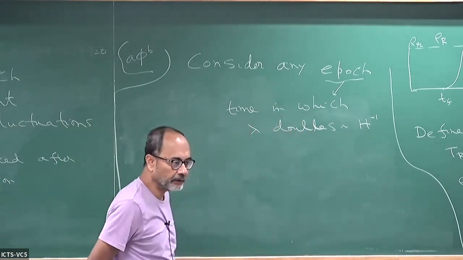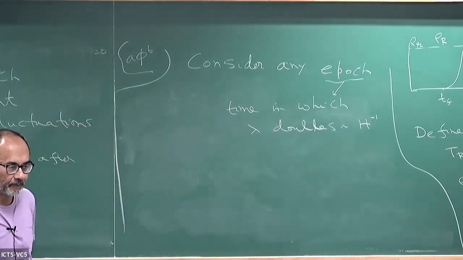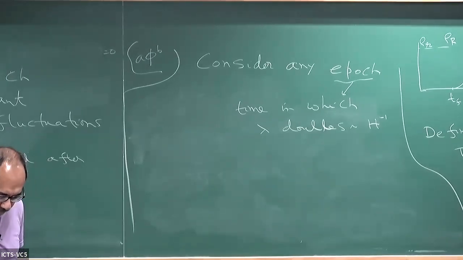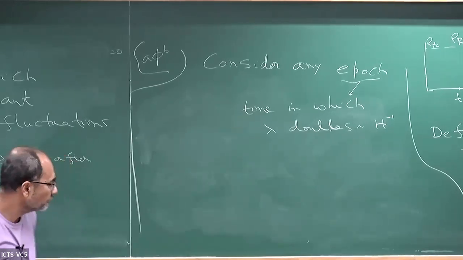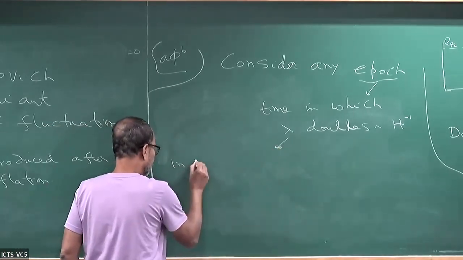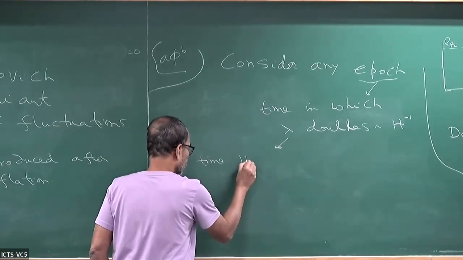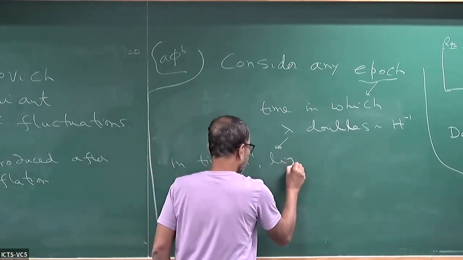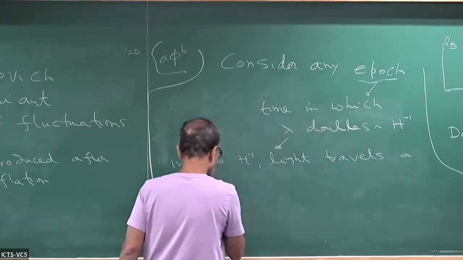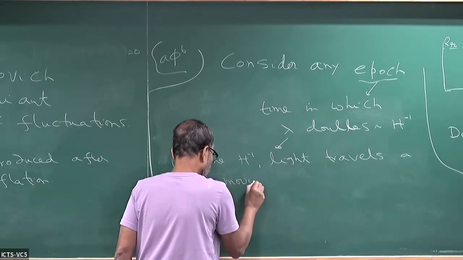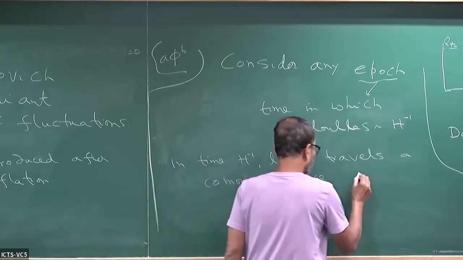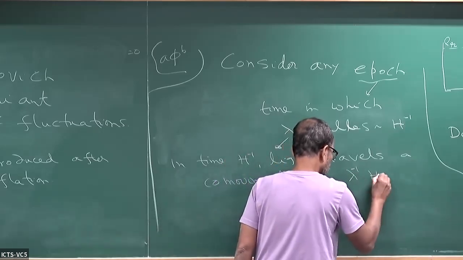H is the rate of expansion, so h inverse is roughly the time in which lambda doubles. So in time h inverse, light travels a distance of lambda inverse h inverse.